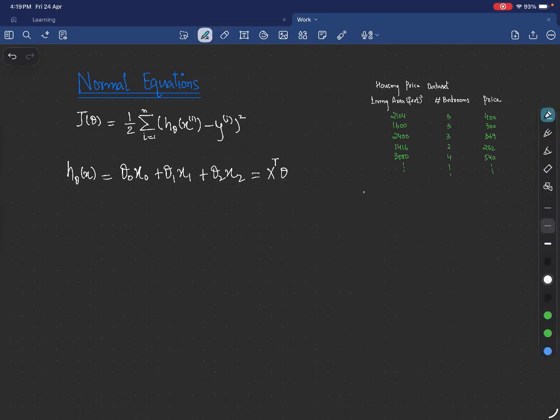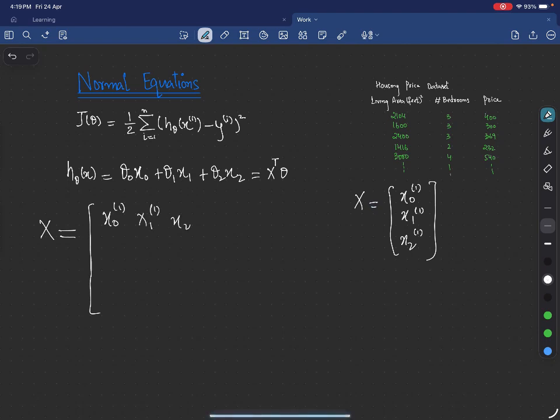Now we wrote the x matrix for a single training example, that's x naught, x1 and x2. For the first training example, we can write a superscript of 1 here to denote it's of the first training example. But if we try to create this x design matrix for n training examples, we will write it like this: x naught of first, x1 of first, x2 of first. It means the x naught feature of the first training example, the x1 feature of the first training example, and the x2 feature of the first training example.